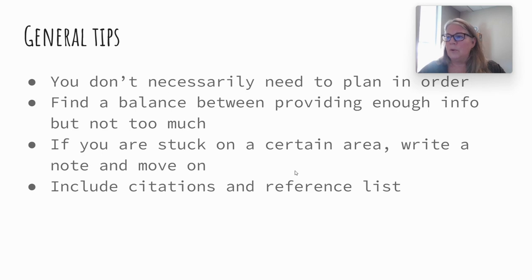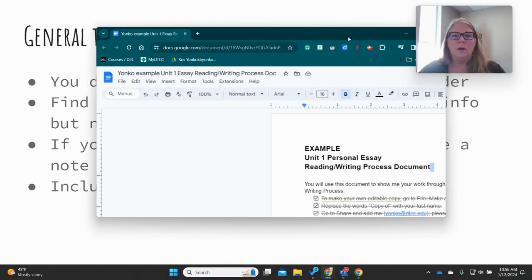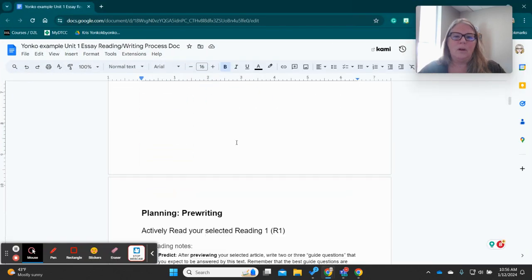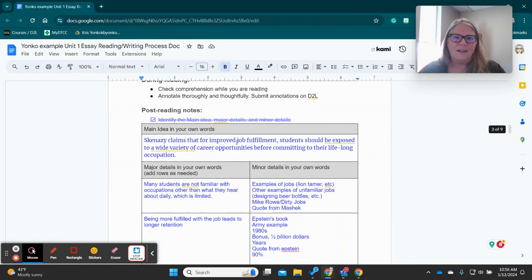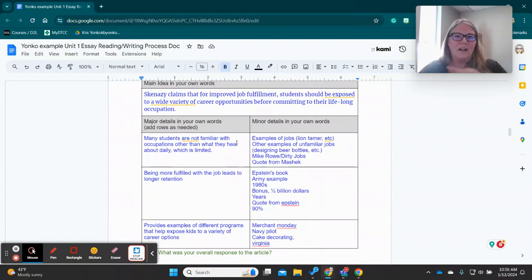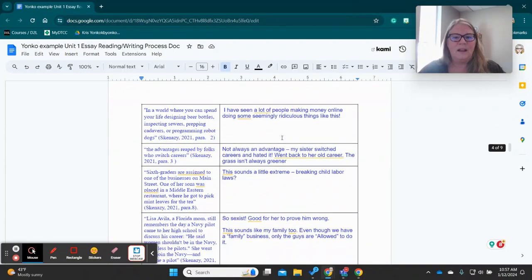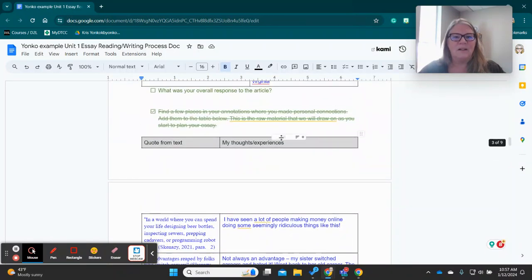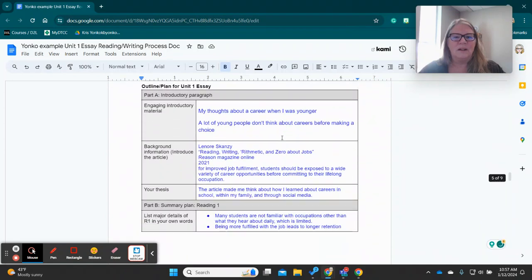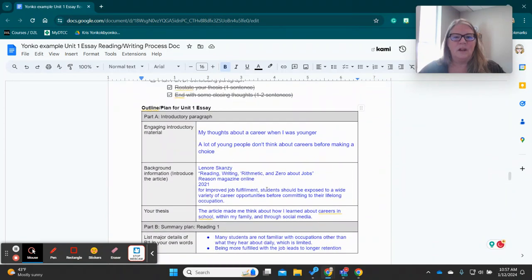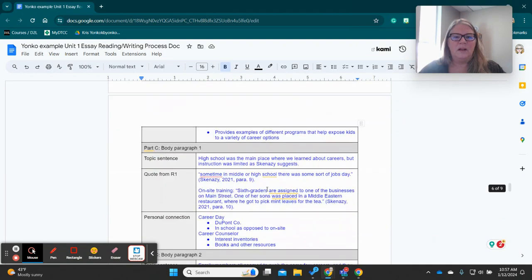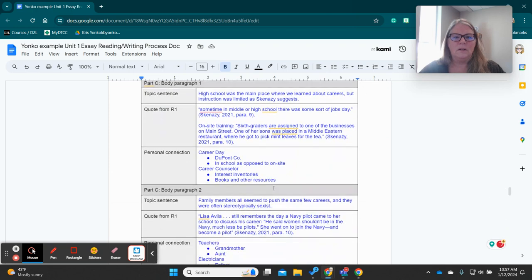I do have a sample that you can look at that I've been posting for you. This is not one. There's a sample essay that was loaded into the course, and I just kind of worked backwards from that and did this outline. Oops, that's not it. Here we go. So you can see here what the outline would look like.